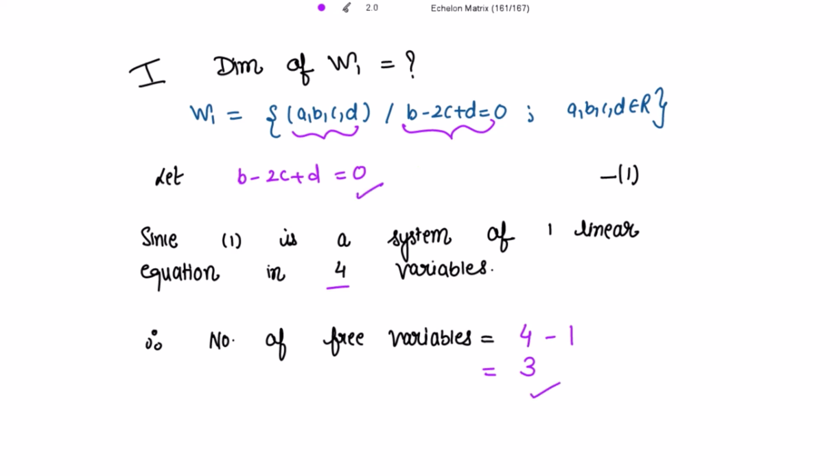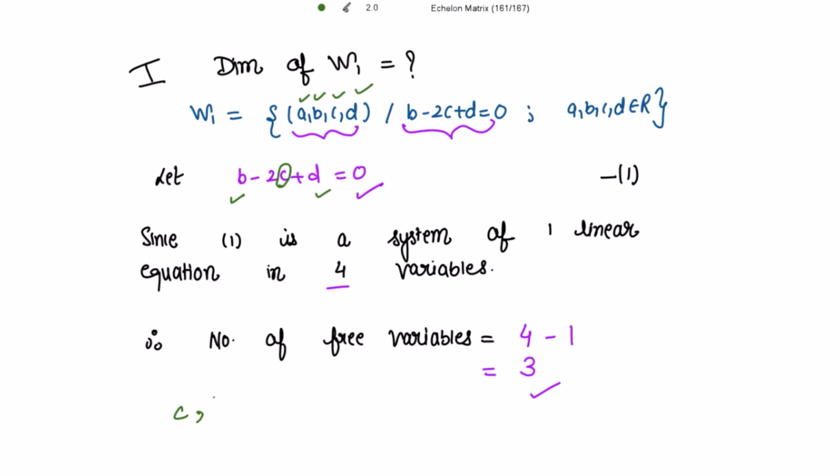So from this equation, we need to choose the free variables. Always try to choose that variable to be the free variable whose coefficient is not equal to 1. So here I am choosing C. And now I have to choose 2 more free variables out of A, B, C, D. In this equation, I have to choose either B or D. It is your choice.